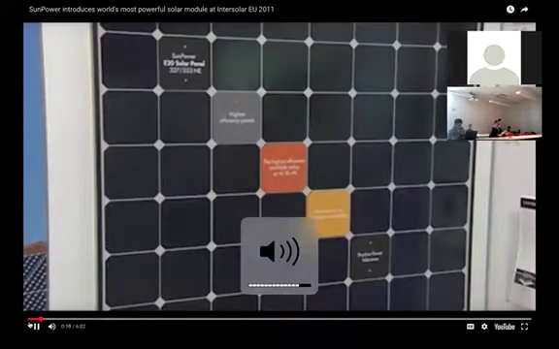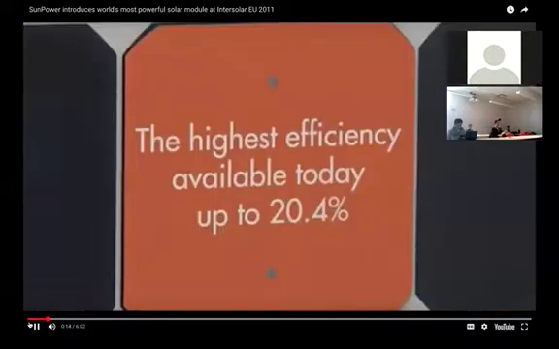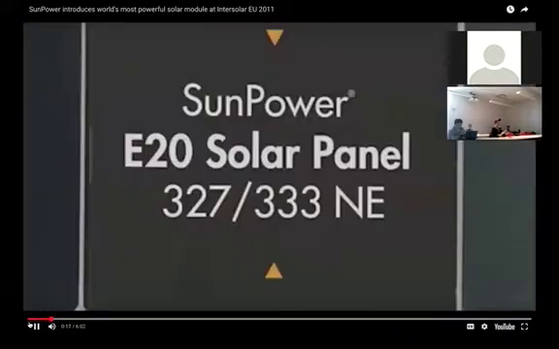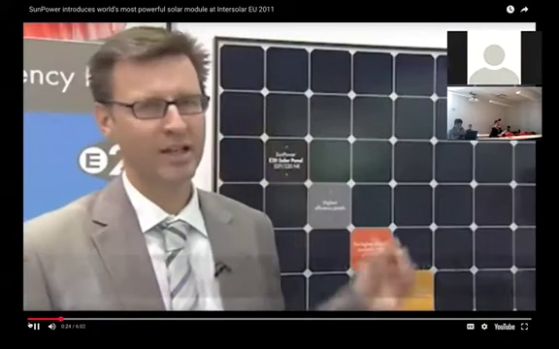Something very exciting here from a SunPower perspective, and also something quite special from a record perspective. Can you give us an idea what you're announcing here at Intersolar? So here at Intersolar, SunPower is launching the first commercially available 20% efficient solar module on the market. It is a solar module series that is 20% efficient, and it's really benchmarking a new era of solar module technology in the market.